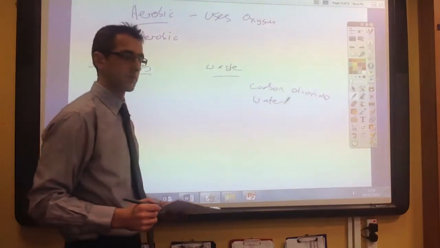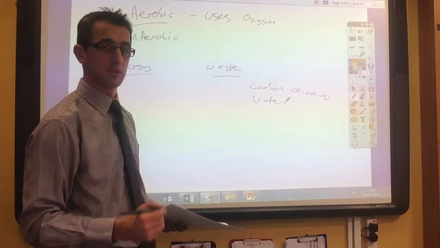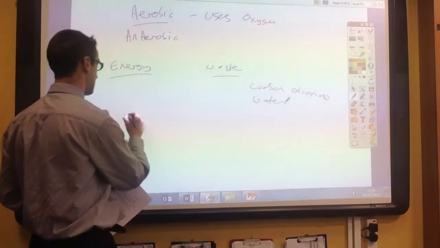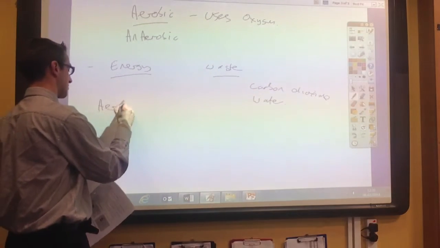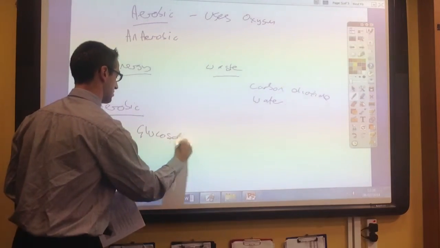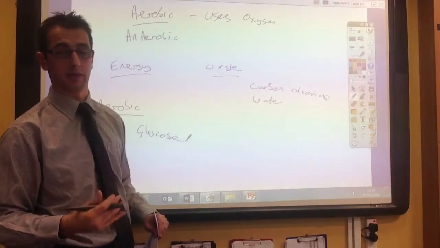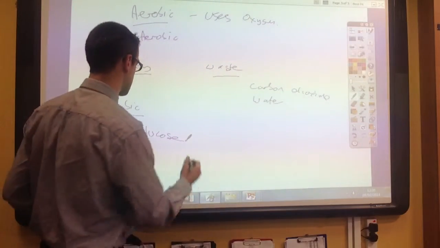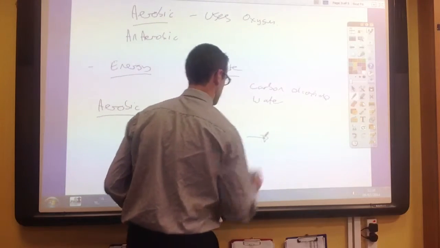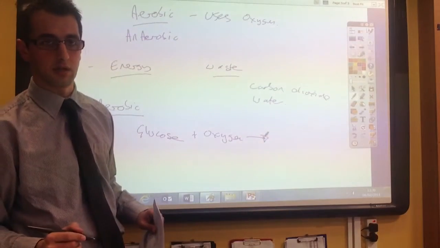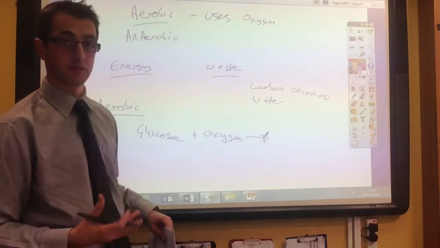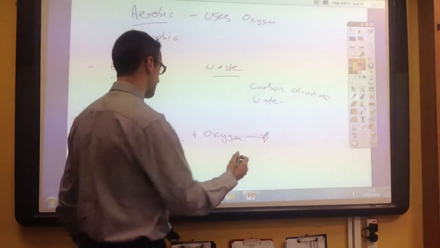There's therefore a very simple chemical equation that we can write that goes with this, and you need to know both the word equation and the written chemical equation. And so the word equation for aerobic respiration is glucose, which is obtained as animals by eating, or as plants by carrying out photosynthesis, plus oxygen, which is obviously obtained through breathing if you're a large animal, or by diffusion into the cells if you're smaller, and obviously plants take it in through their stomata by diffusion.